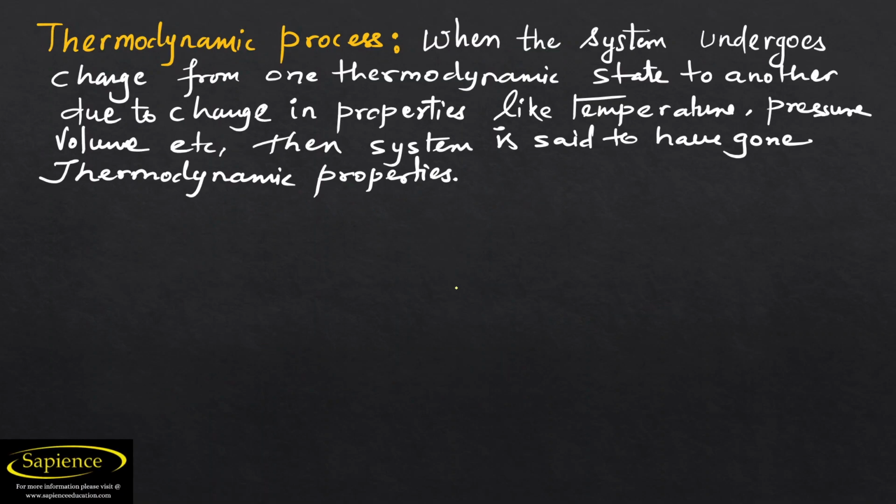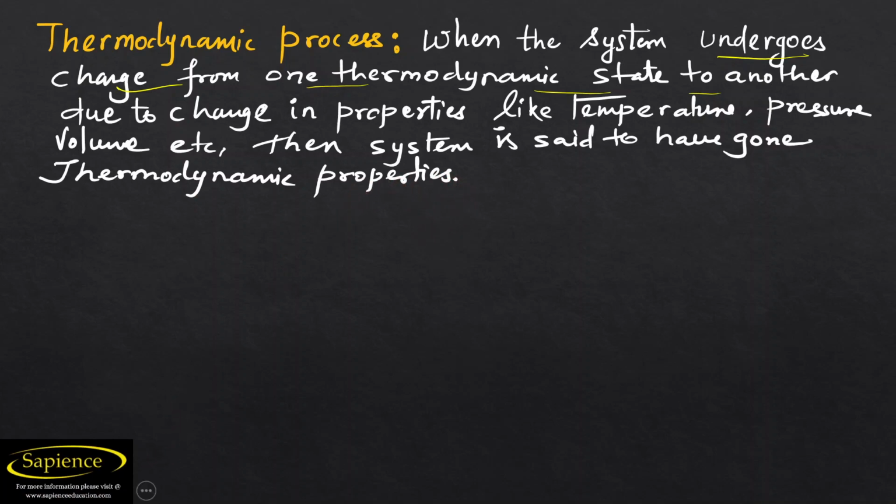Now let us consider what a thermodynamic process is. When the system undergoes a change from one thermodynamic state to another due to change in properties like temperature, pressure and volume etc., then the system is said to have gone through a thermodynamic process.